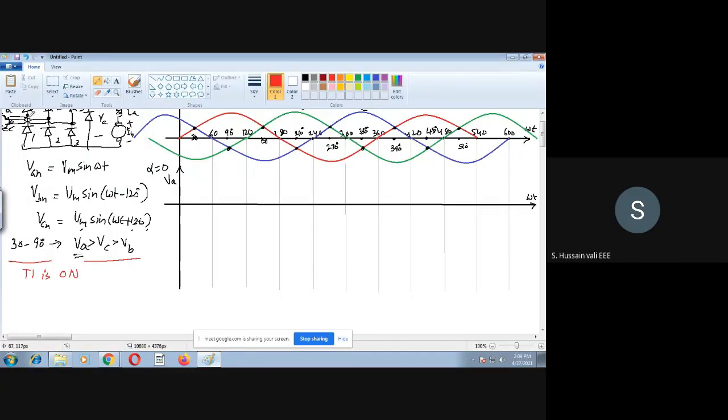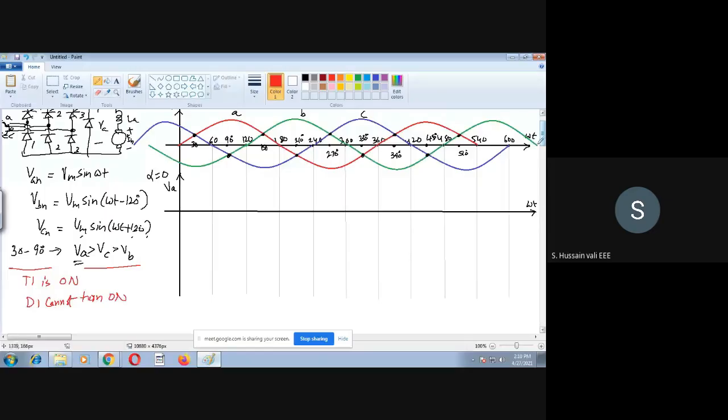So as VA is the highest, for the phase voltage A, thyristor 1 is connected. Out of the 3 diodes, diode D1 cannot be turned on. Why? Because D1 cannot turn on. Then you have only 2 options, either D2 or D3.